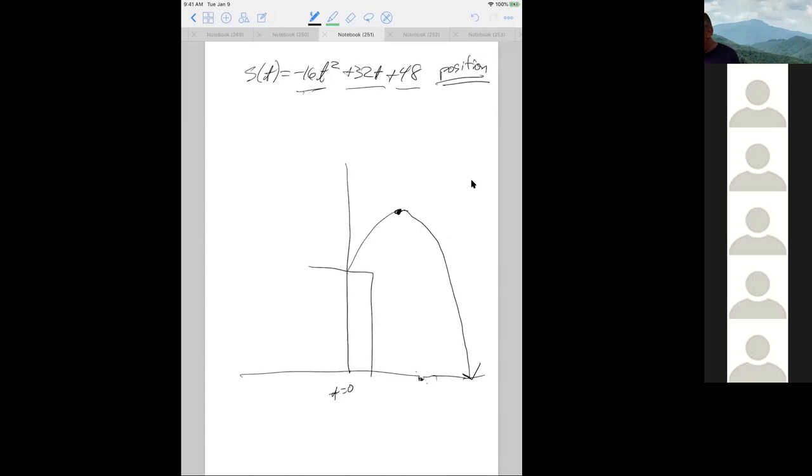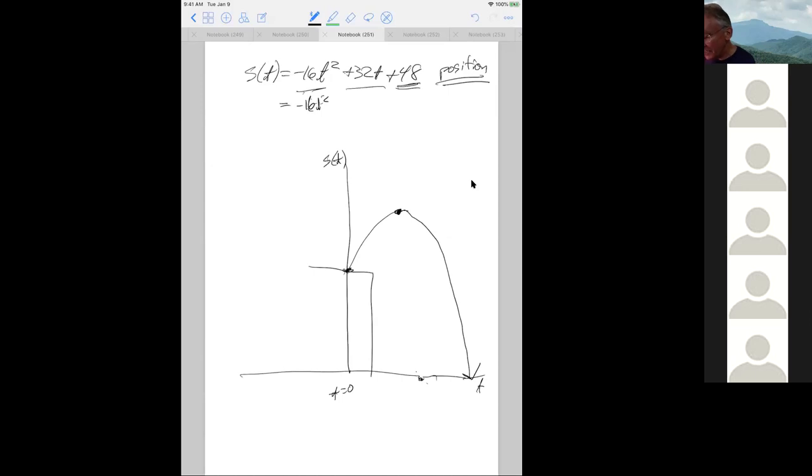What we've got going is this is time on this axis, the x-axis, and this is the position, how high it is above the ground up here, all right? Notice at this time, this is saying you are 48 feet above the ground when you're starting. This turns out to be negative 16t squared.